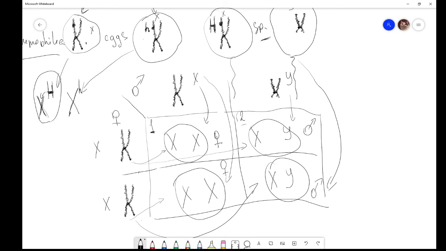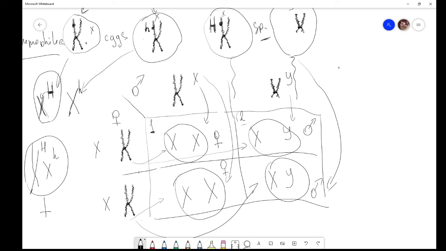The genotype of this woman will be X with capital H and X with small h. This is the genotype of the woman.